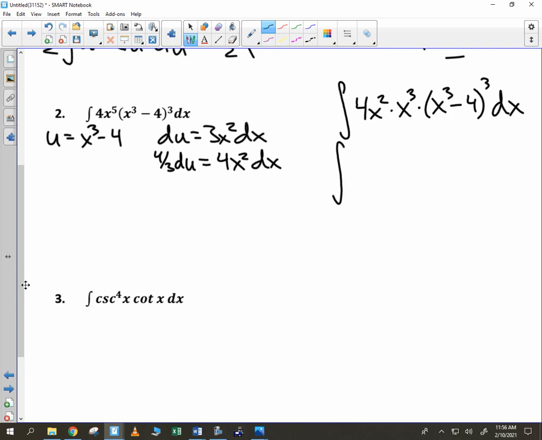Good. Time to substitute. What do you want to put in for what? You said u plus 4 is equal to x cubed. So you want to get rid of this guy, and you want to put in u plus 4. That's fine. I still got stuff to get rid of.